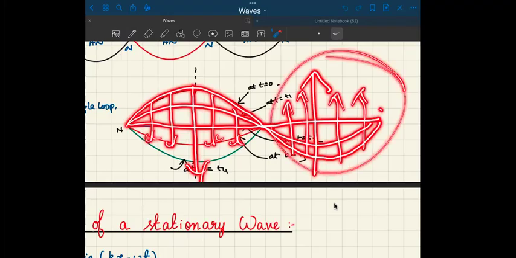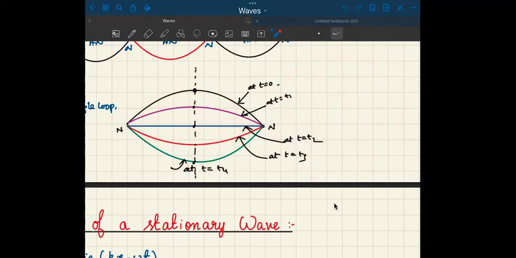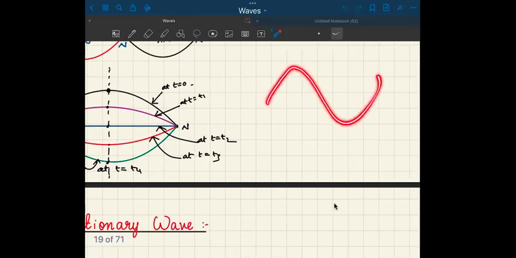So within the loop, all the particles are in the same phase, but between this loop and the next adjacent loop, the phase difference is pi. In a normal progressive wave, between any two points, the phase difference may be anything between 0 and 2 pi.